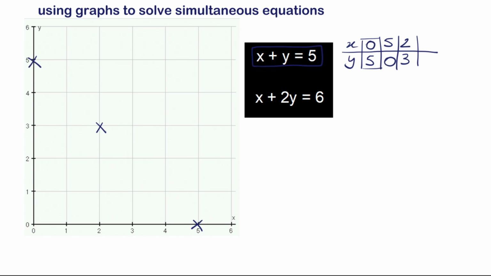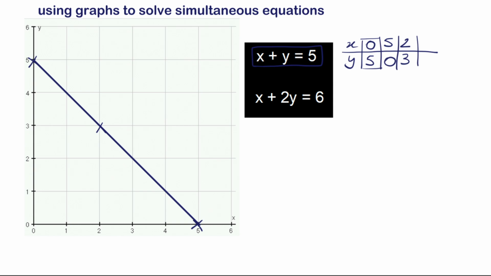So I can draw a straight line through these points that I've got. So let me just do that. Okay, so on this blue line are all the solutions to this blue equation.